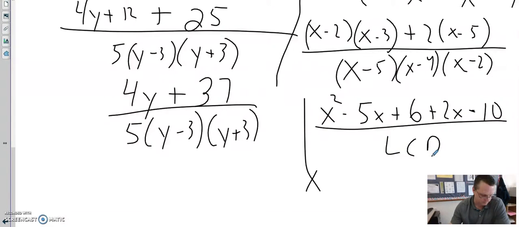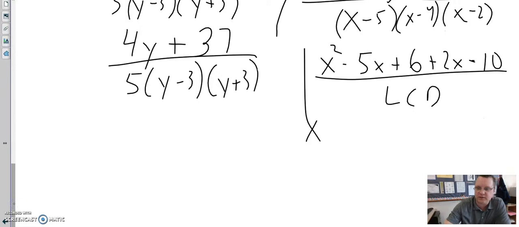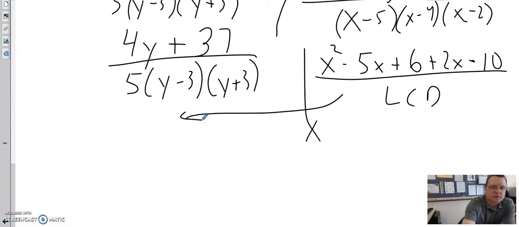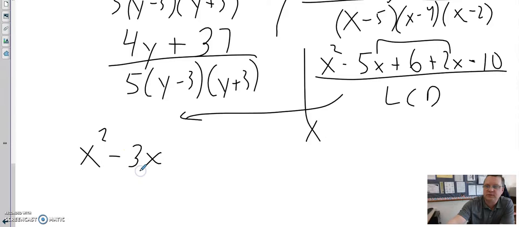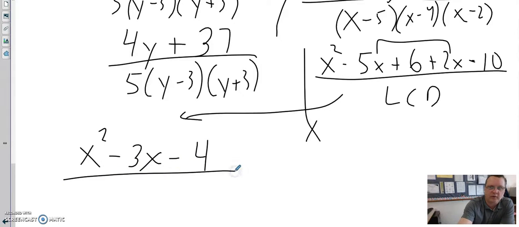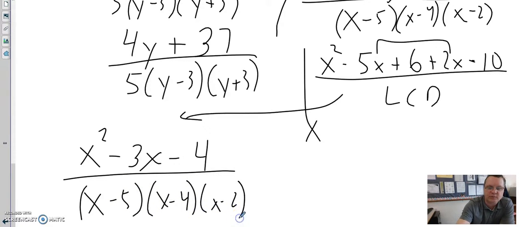We don't have to keep writing it. And then what we get is combine like terms. This one gets a little hairy. So we have, I'm going to go over here with it so I have more room, x squared, and then these combine for a minus 3x, and then minus 4, all over your LCD of (x minus 5)(x minus 4)(x minus 2).